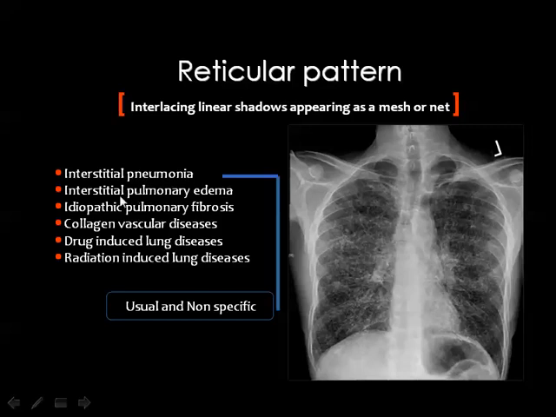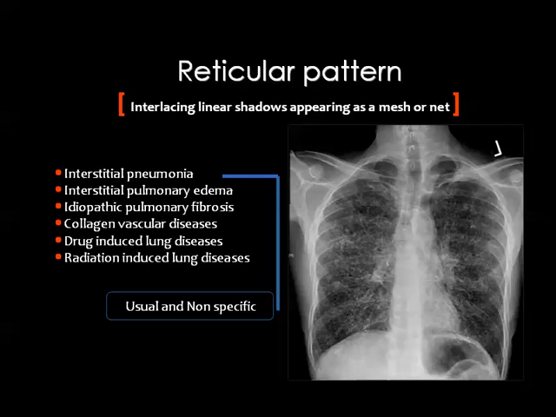Number 2, interstitial pulmonary edema. Number 3, idiopathic pulmonary fibrosis. Then collagen vascular diseases like rheumatoid arthritis, systemic lupus, and so on. Drug-induced diseases, radiation-induced lung disease. How can you separate these pathologies from each other?